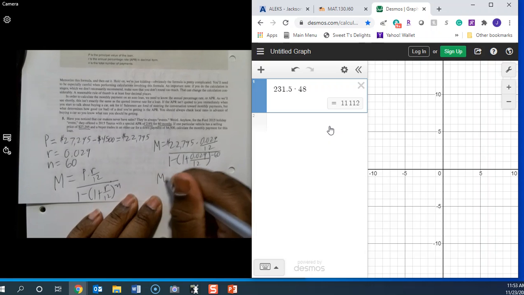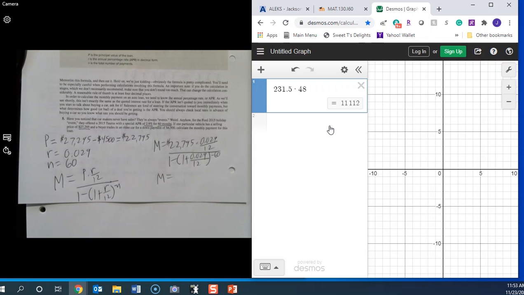Now, we put this in our calculator. So we will have our $22,795. And then I'm going to put a division here, so then we will have the fraction. And then times, it'll be 0.029 divided by 12.